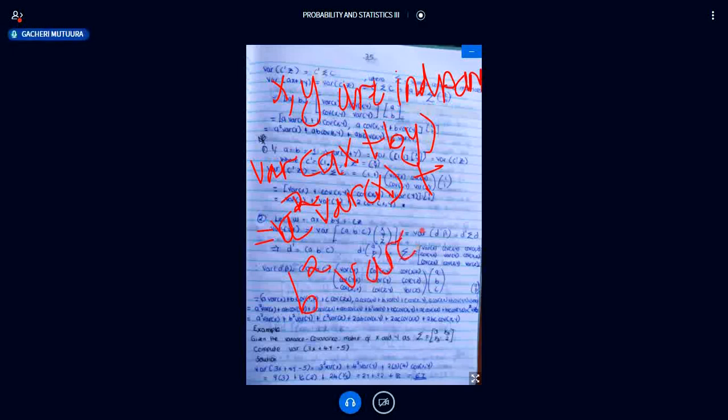Why? Because the covariance term, 2AB covariance XY, will go to 0 because the covariance will be equal to 0. So if X and Y are independent, this is how you get the variance of any function of X and Y. Any question before I proceed to the conditional expectation and variance?